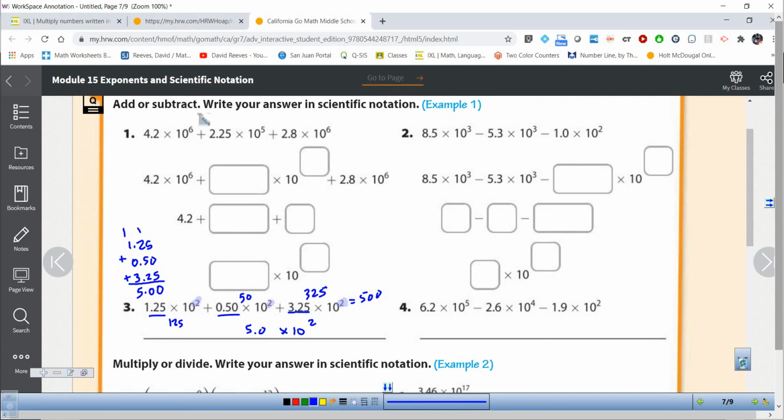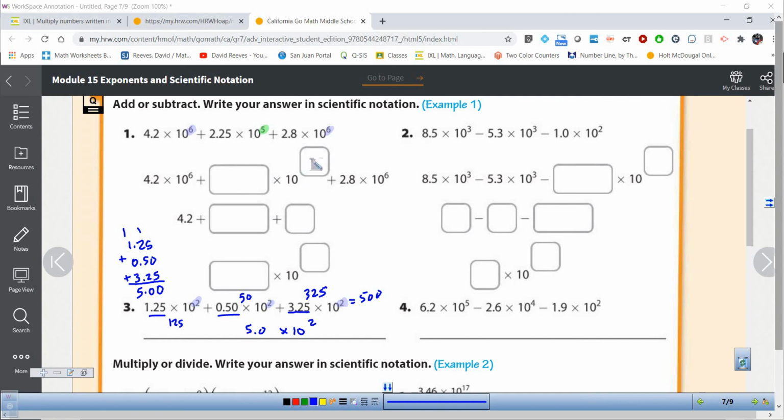If you go back up to number 1, we have 10 to the 6th here, 10 to the 6th here, and 10 to the 5th. So we need, in this case, to multiply by 10 again. Now they put the 10 out here. I'm going to change this a little bit for the way that I showed you.